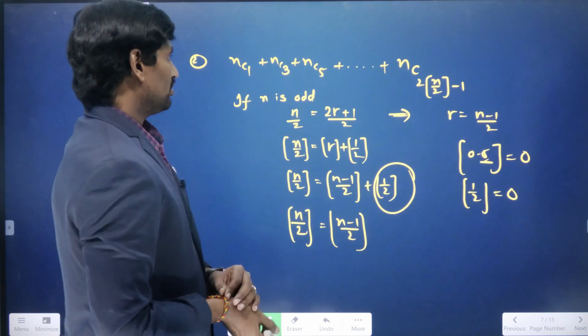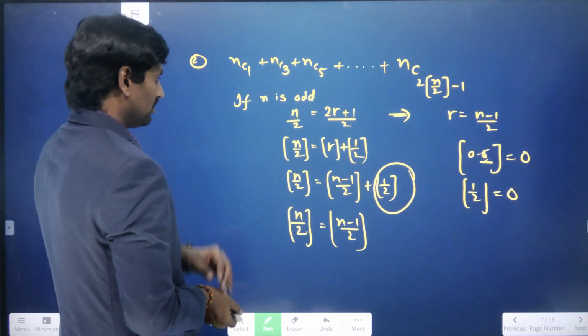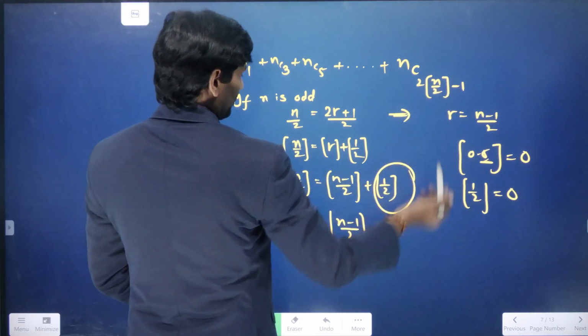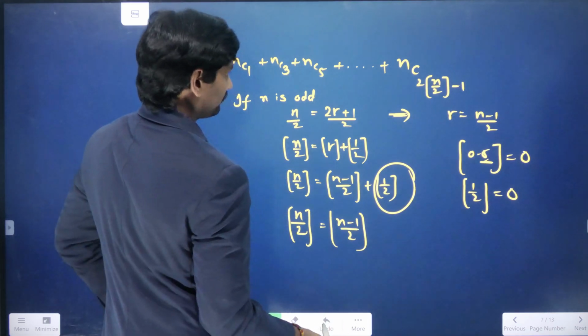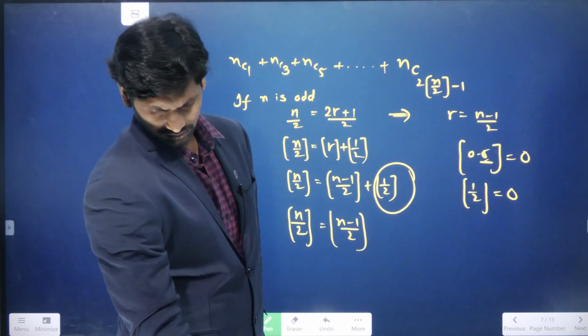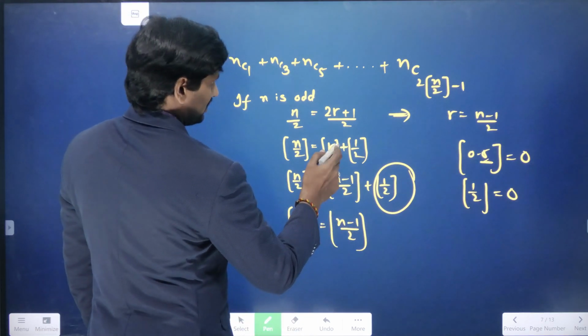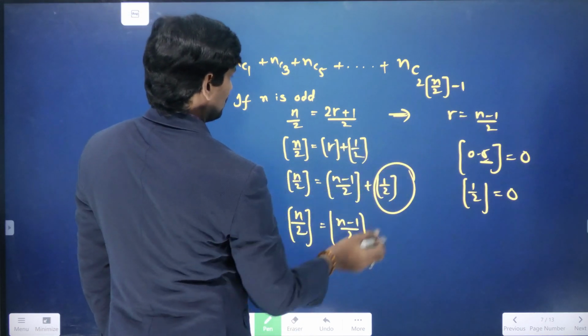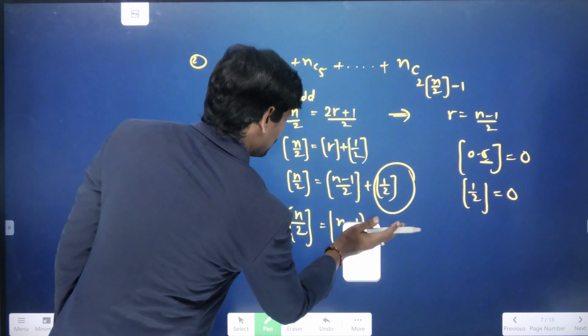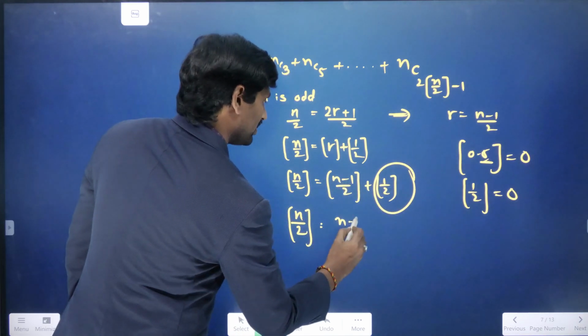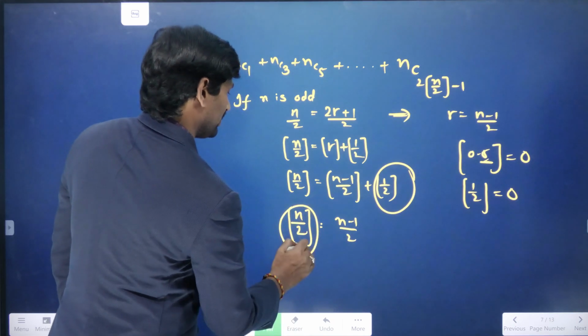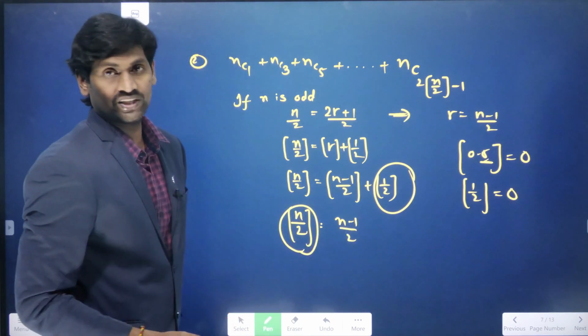Okay? So let us substitute n minus 1 by 2 here. In the place of the greatest integer of n by 2, we can write n minus 1 by 2.